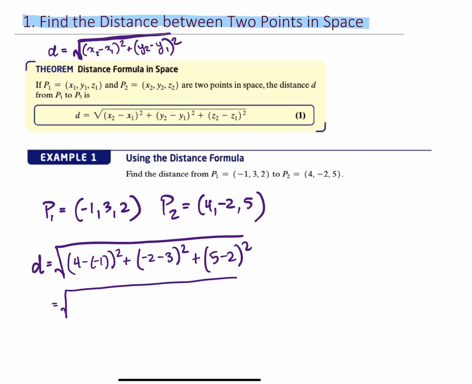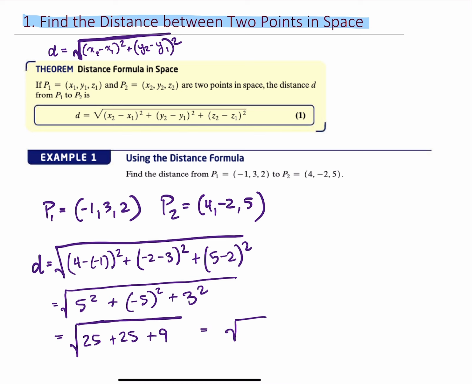So 4 minus negative 1 is 5, so 5 squared, plus negative 2 minus 3, that will be negative 5 squared, plus 5 minus 2, which is 3, so 3 squared. So that would be the square root of 25 plus another 25 plus 9, which will be the square root of 59.